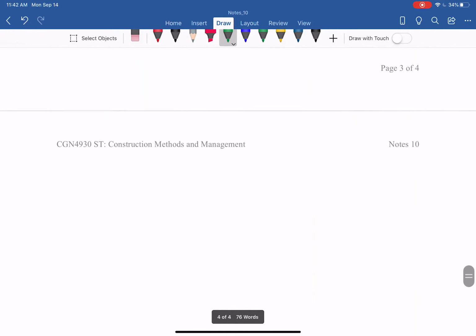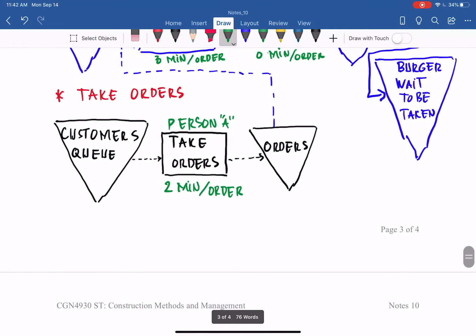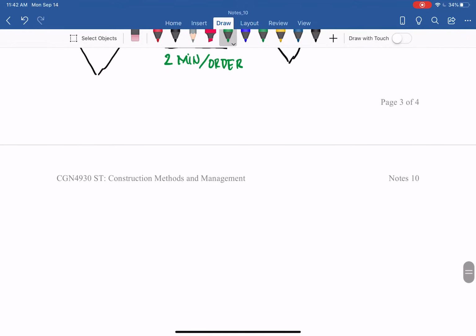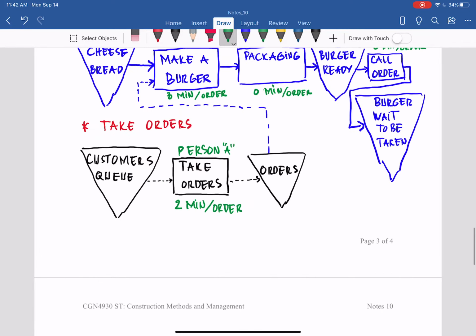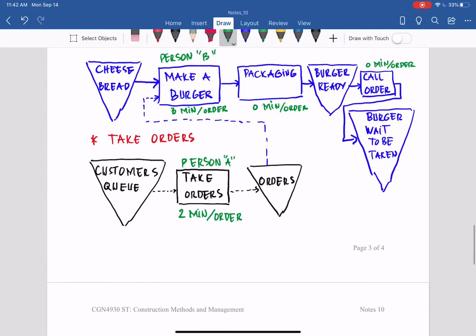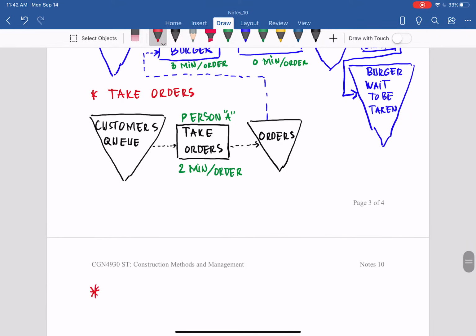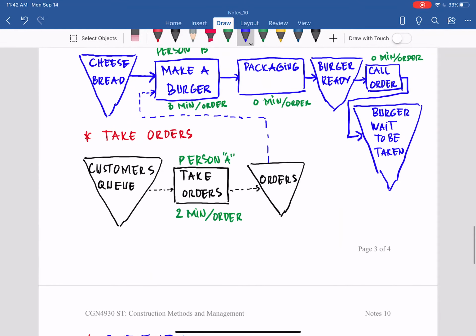So we go to do the analysis. The first is, what is the bottleneck in this process? As you can see, the person taking the order only needs 2 minutes per order, while making a burger takes 3 minutes.